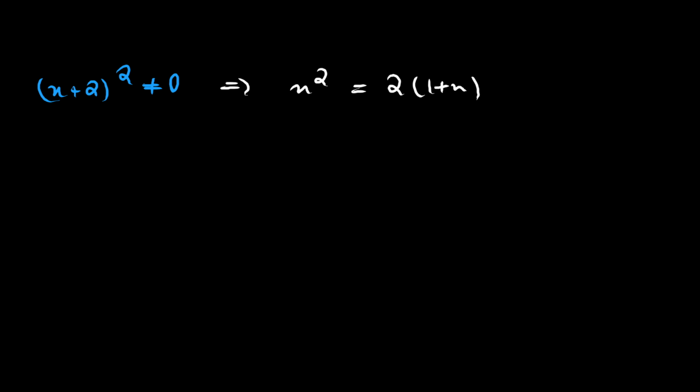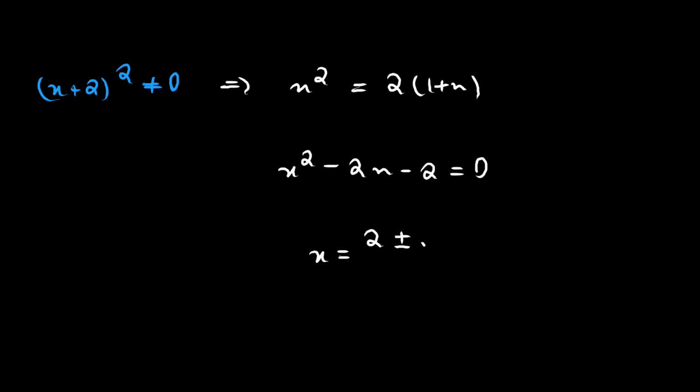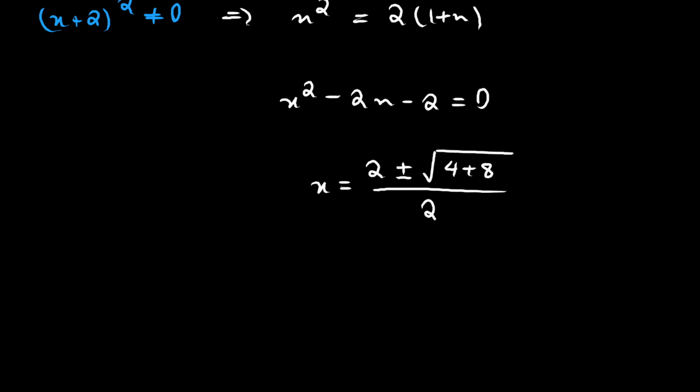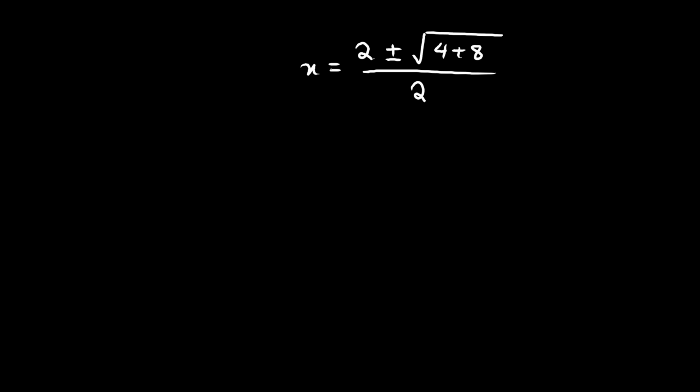So from this, we can get a quadratic equation, x squared minus 2x minus 2 equals 0. And we can easily solve this using the quadratic formula. So x equals 2 plus or minus the square root of 4 plus 8, divided by 2. So this is equal to 2 plus or minus the square root of 12.